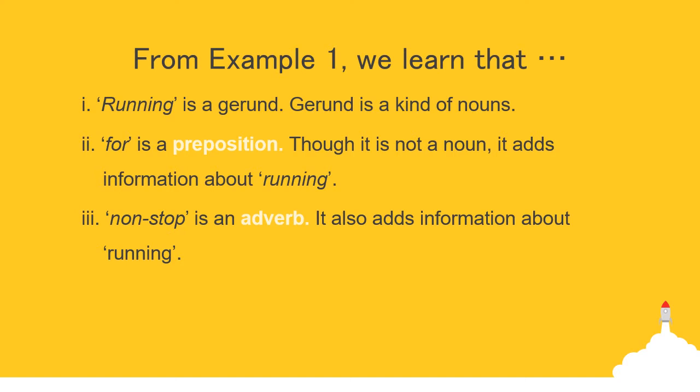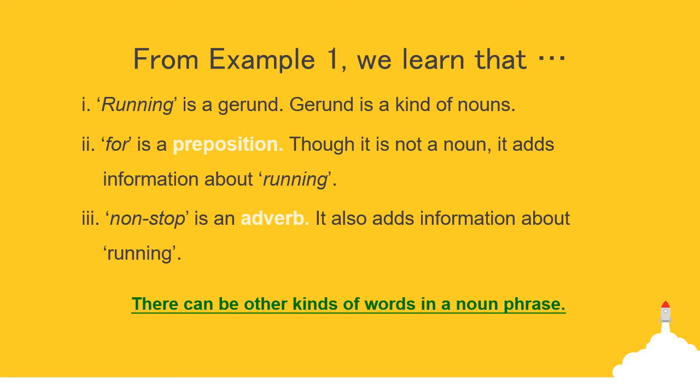Although we all know that an adverb is usually used to add information about the main verb in a sentence, here it adds information about the gerund running. So in a word, you can find out that there can be other kinds of words in a noun phrase.